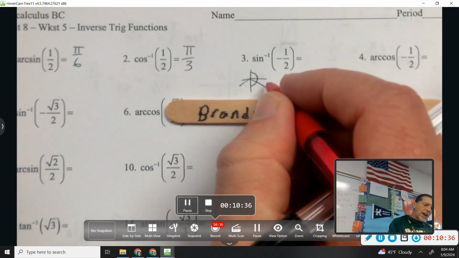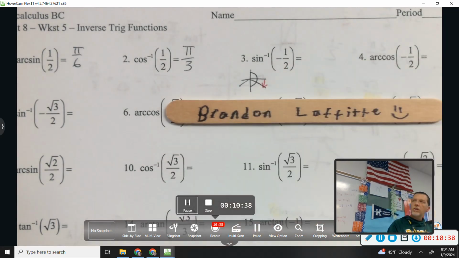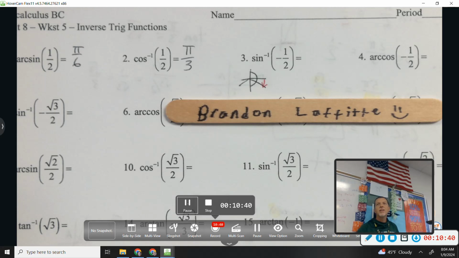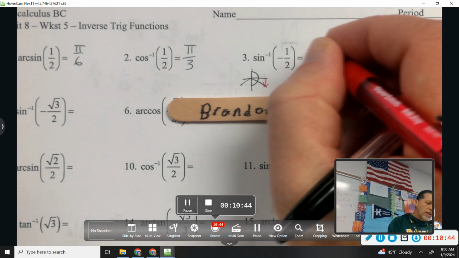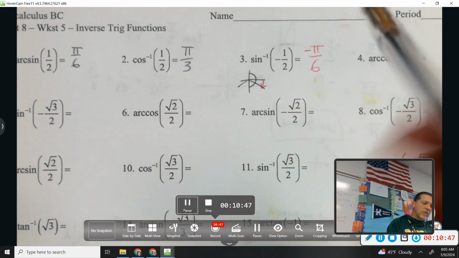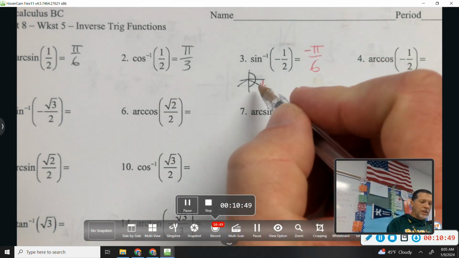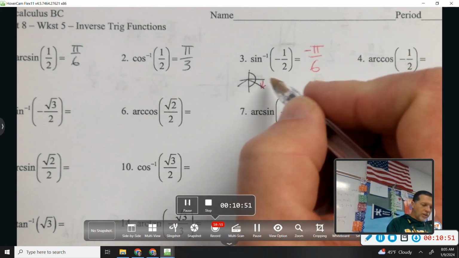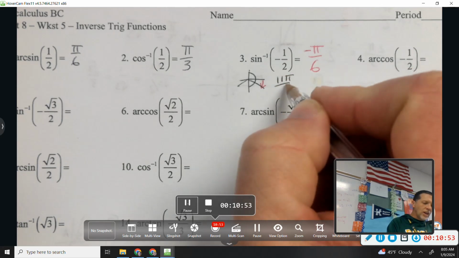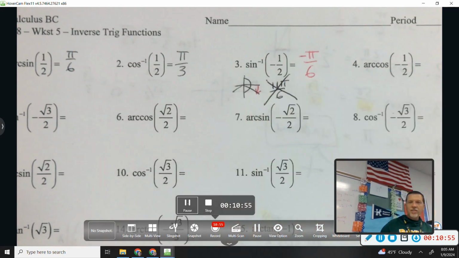Good, negative pi over 6. Probably the most common mistake on this whole page is to know you got to be in quadrant 4, know that it's over 6, and so you say 11 pi over 6, but that's not right. You have to get there the quick way.